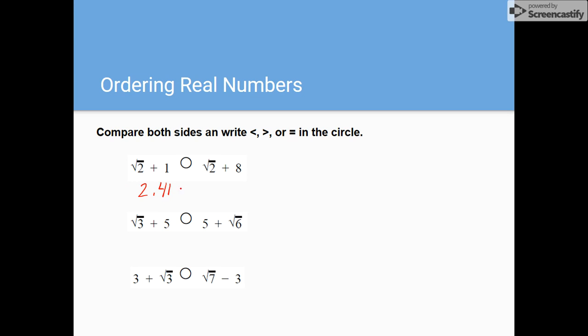Over here, I've got square root of 2 plus 8. I already know this is going to be hugely bigger than this. I've got 9.41. Well, that's definitely larger. Let's go over here. I've got square root of 3. Again, remember, use your calculator correctly.